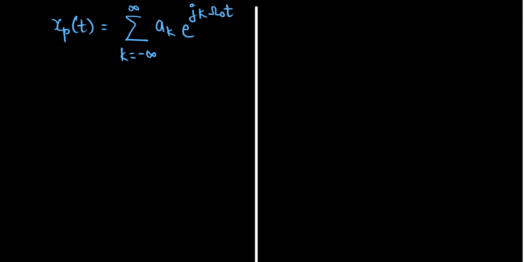And for real signals, we know that we have ak equals a minus k star. Now let's split this summation and express it in a different form for convenience.